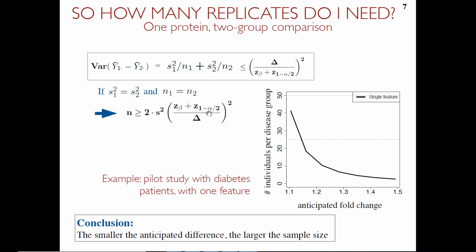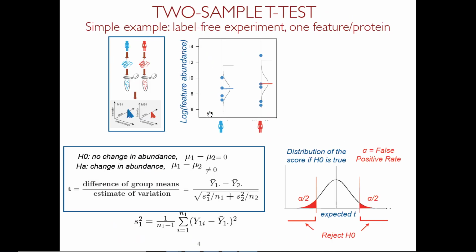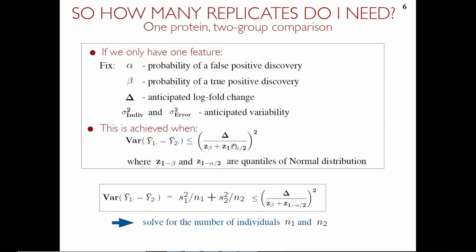For example, Z1 minus alpha divided by 2 is the value such that the probability to the left of it is 1 minus alpha over 2. So you have alpha over 2 to the right, and to the left will be 1 minus alpha over 2. Z beta is the same thing, corresponding to the beta. That's exactly where it comes from, from our decision.